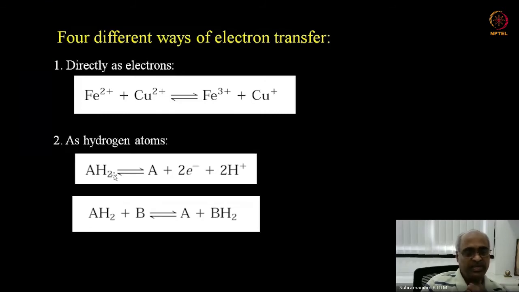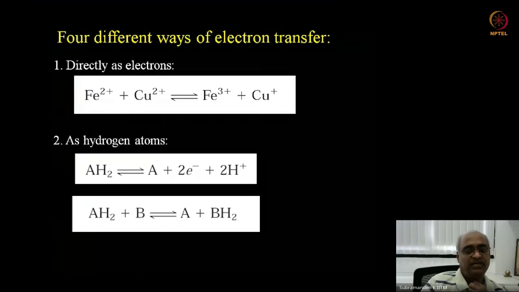Like you lose here 2 electrons, but in the form of 2 hydrogen atoms, because 2 protons also go. So this is a typical dehydrogenation. And here this is another example. So here this is losing hydrogen and this gains hydrogen. Okay. So this is like the half reaction for this. Only one half is written.